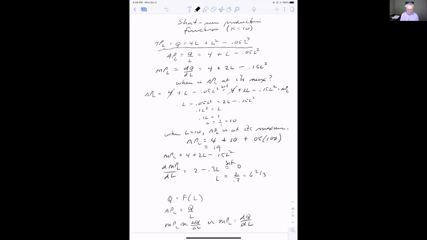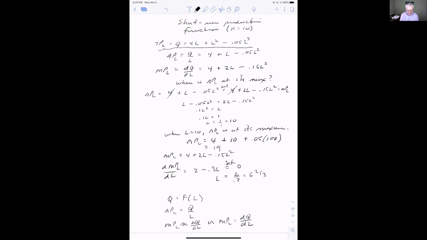And we said that the average product of labor then was Q over L, or 4 plus L minus 0.05 L squared. And what I did was I solved for the value of L at which average product is at its maximum by setting average product equal to marginal product.